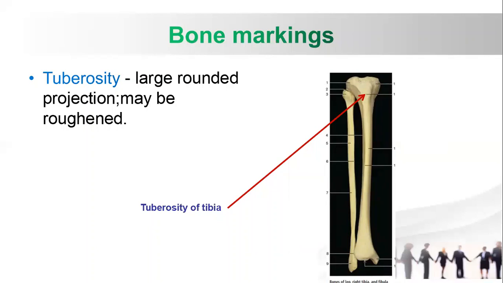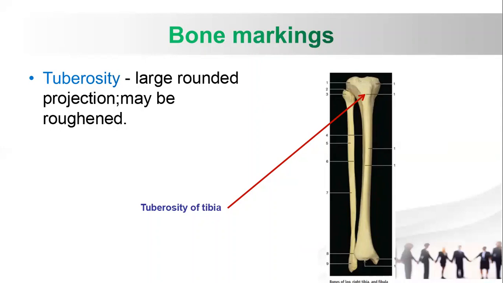For our case, we'll check the tuberosity of the tibia. This is found on the proximal part of the tibia.